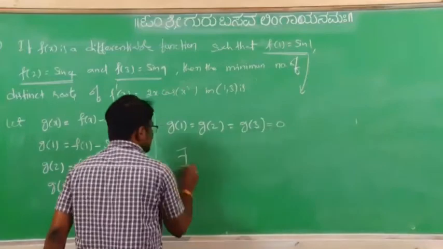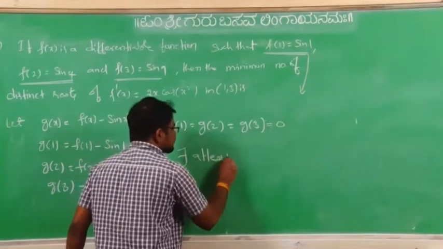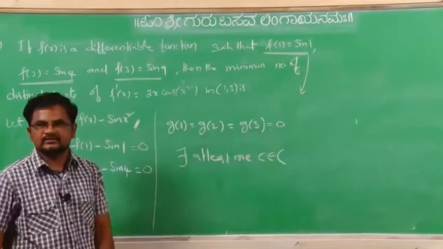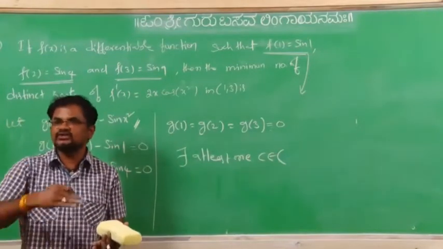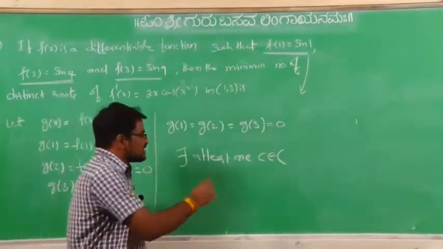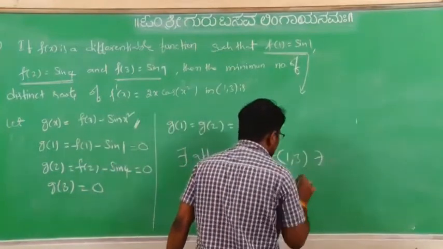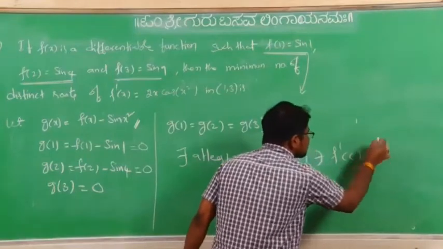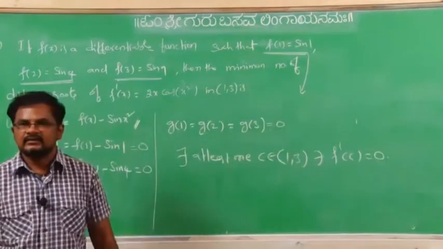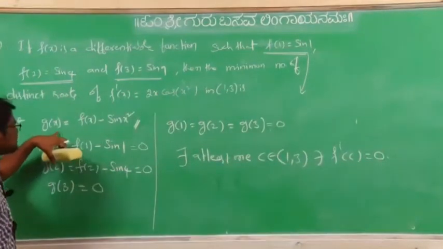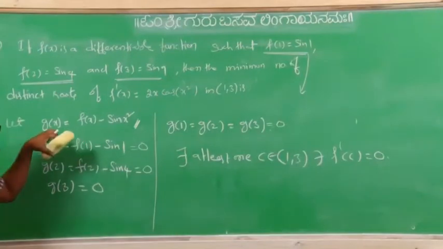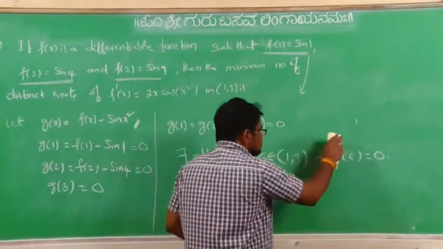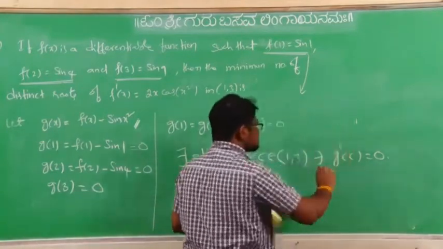There exists at least one c, here 2 are there: c1 belongs to (1, 2), c2 belongs to (2, 3), such that g'(c) equal to 0, or not. Now in place of f, you have taken g, so g'(c) equal to 0.